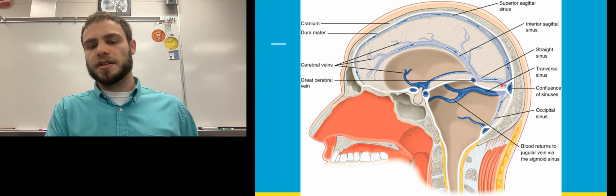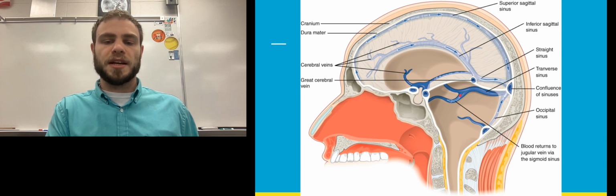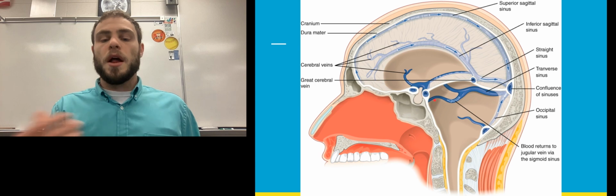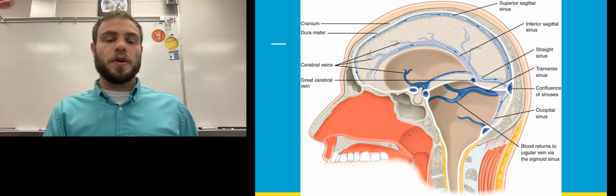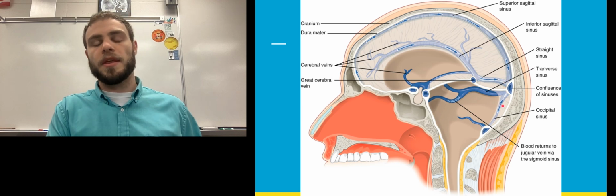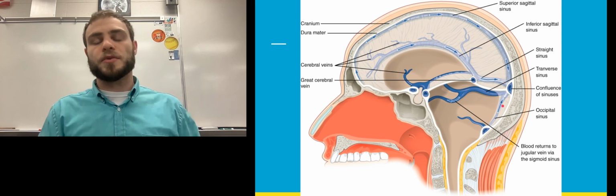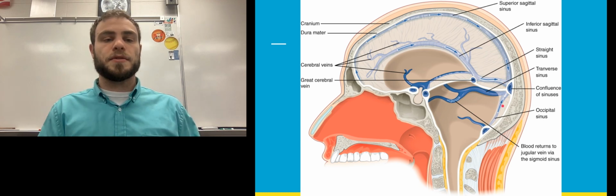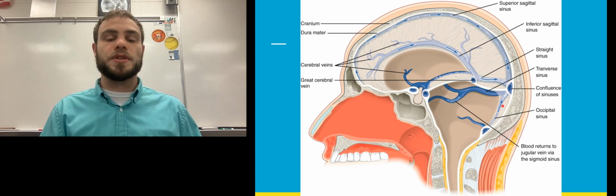That confluence of sinuses, where all those sinuses are joining up, will flow through the transverse sinus and eventually get back to the jugular vein via the sigmoid sinus. So that is blood flow, the arterial flow starting at the base of the skull, and then flowing back through the venous return, those sinuses and veins.